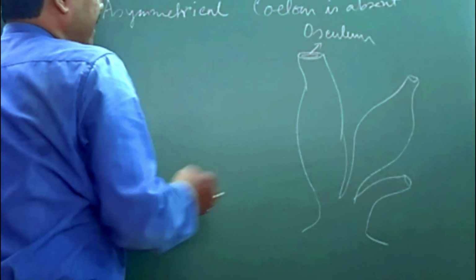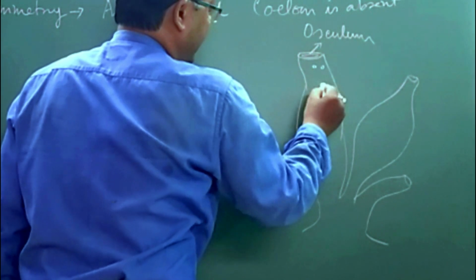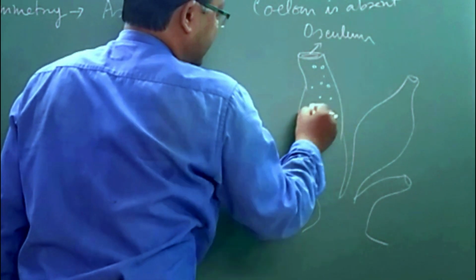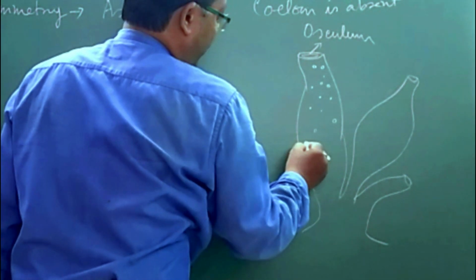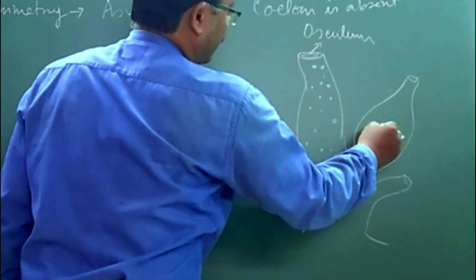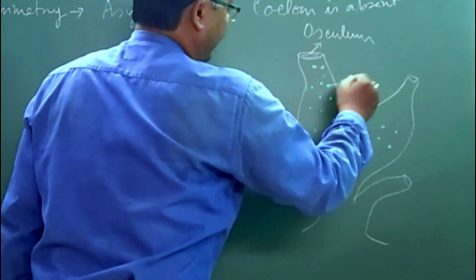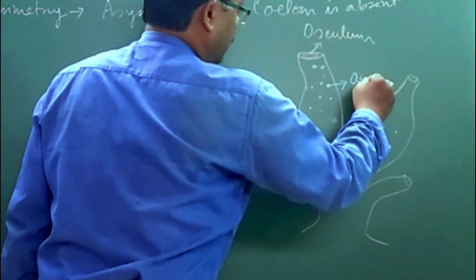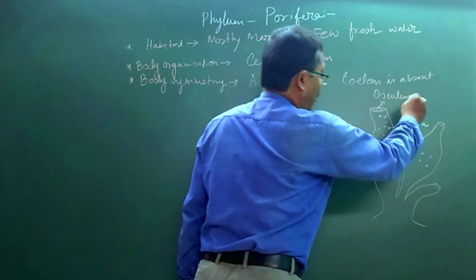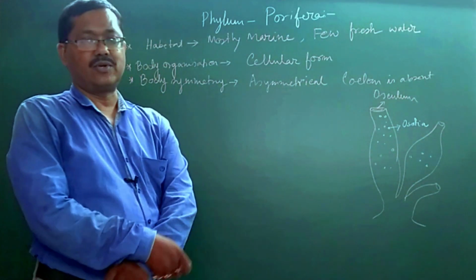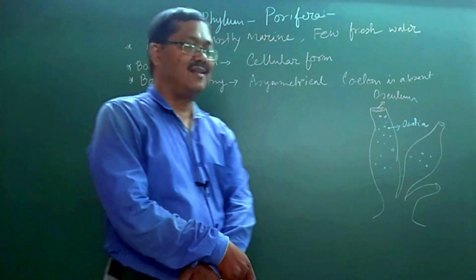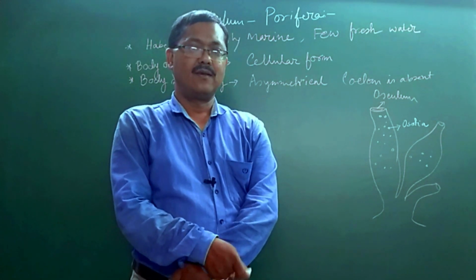And in their body, many small openings are also present. These small openings are called ostia. Osculum and ostia are the external features.